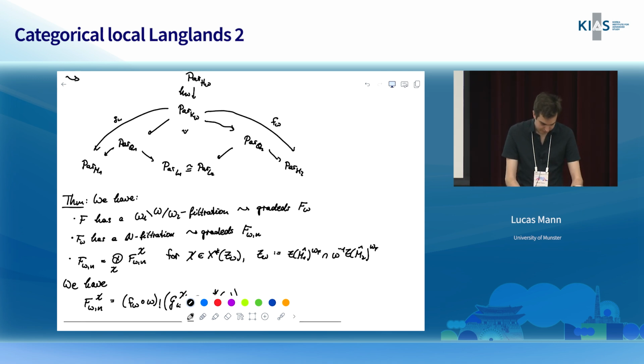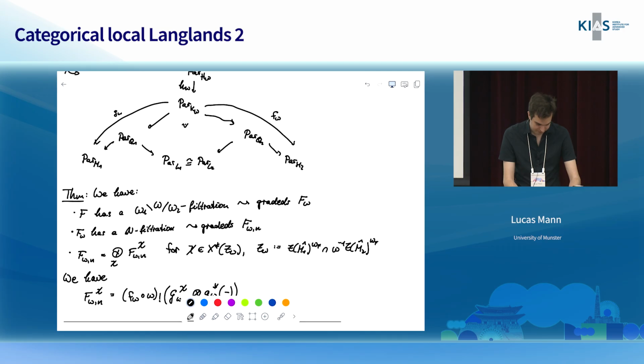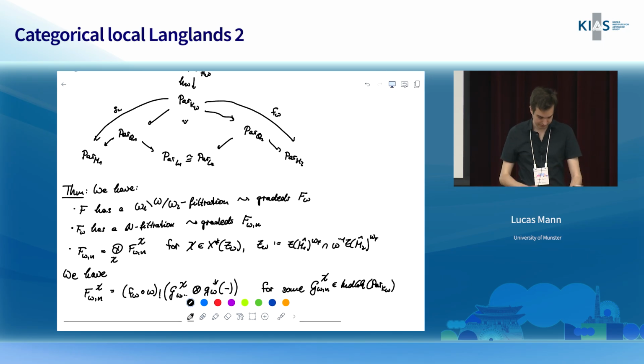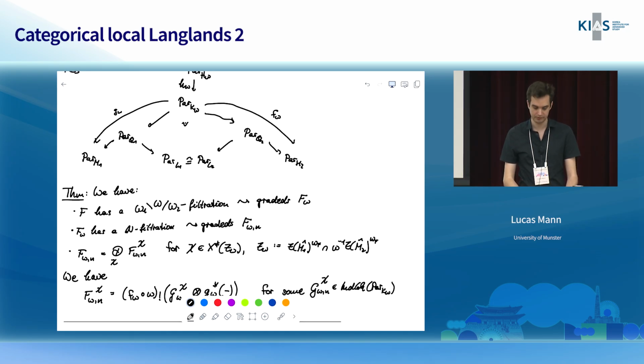Okay, so if you look back at the diagram, for some G_{W,N,χ} in IndCoh of Par K_W. So if you look at the diagram, these F_{W,N,χ} now are pretty close to what we want, right?